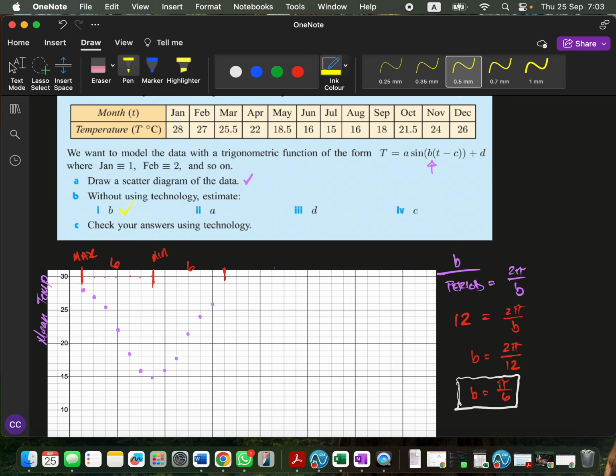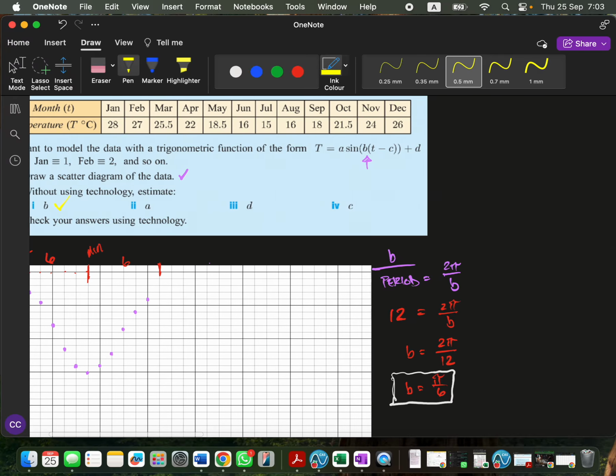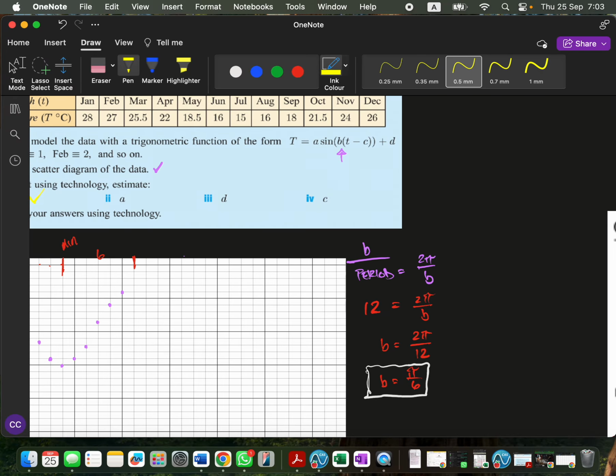All right, so next we need to figure out the a value. In order to find the a value for any function, a value is always the max minus the min, all divided by 2. And that will give you our a value every time. Well, the highest value I can see is January.